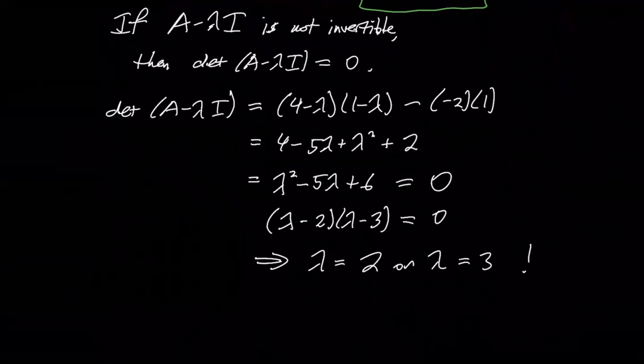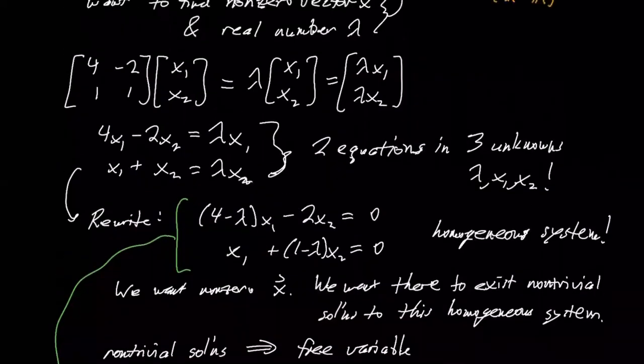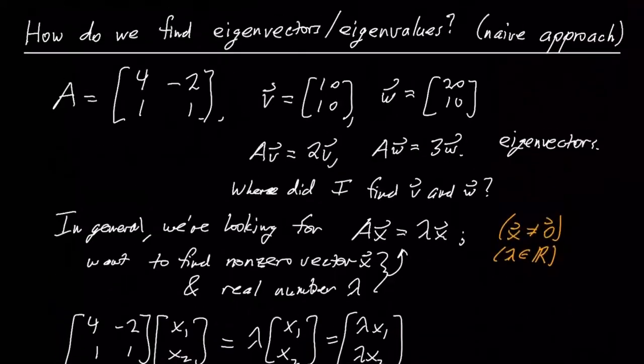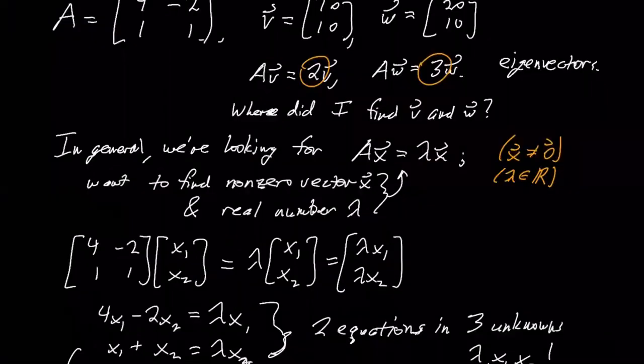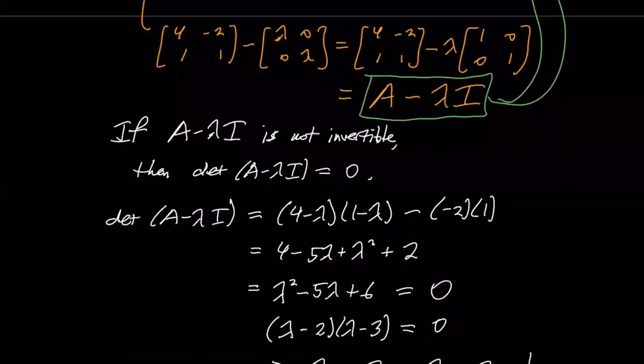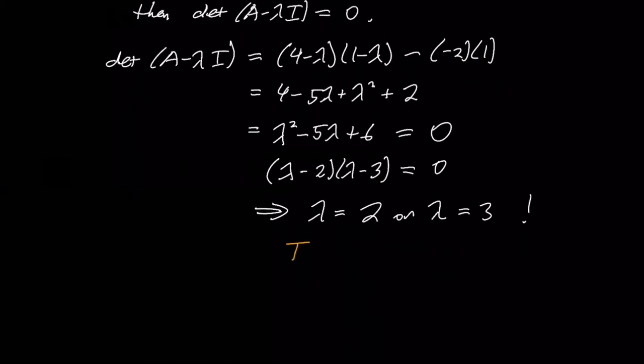And if you go all the way back to the beginning, oh, look. 2 and 3 were our numbers that we multiplied by. So we've actually found and identified the eigenvalues. These are the eigenvalues.